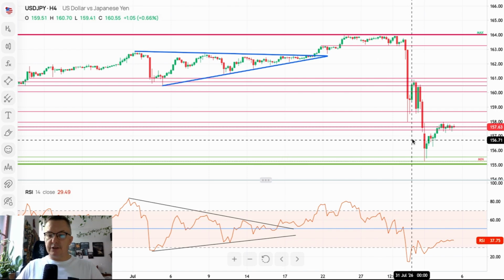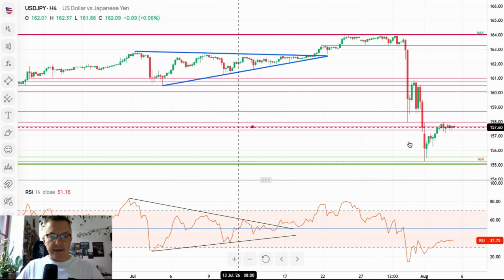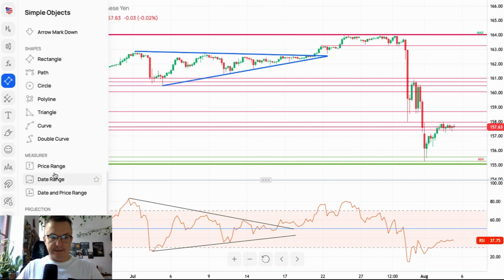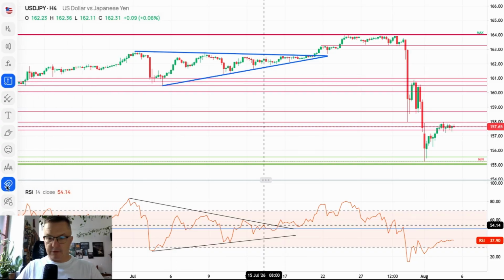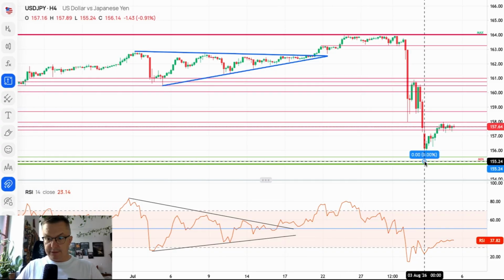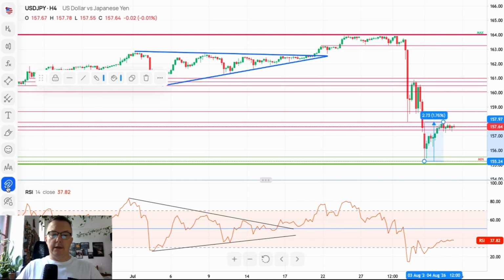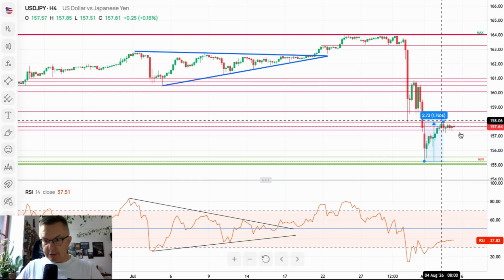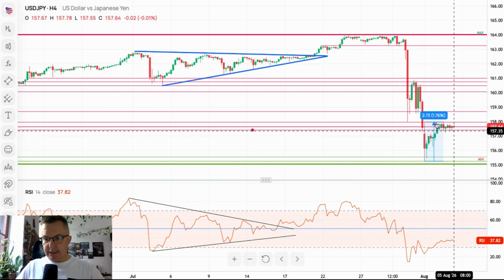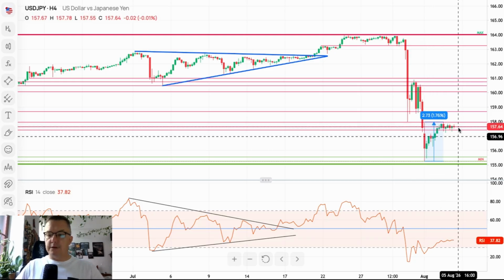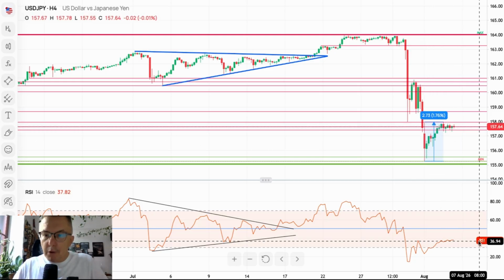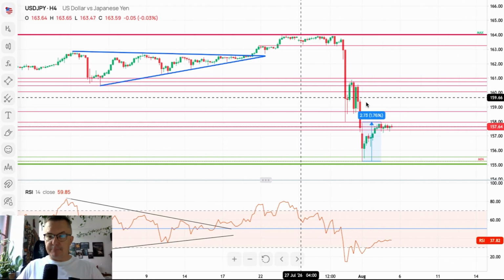US dollar versus the Japanese yen. After the nice bounce to the upside, let's take a look how much did we actually bounce. From the extreme low to the extreme high, we bounced 1.76%. Right now we are trading just below the technical resistance and the supply zone with negative momentum, so the outlook remains bearish.